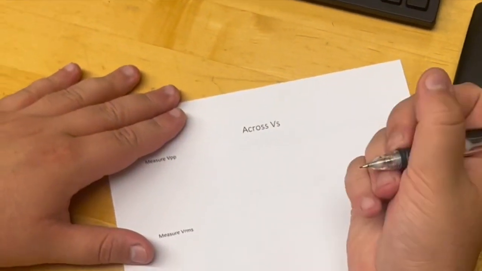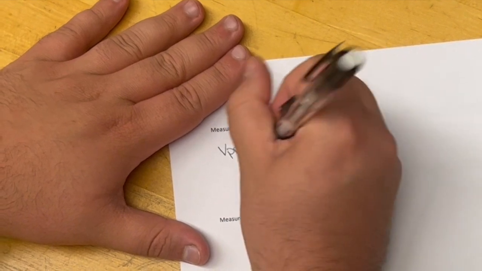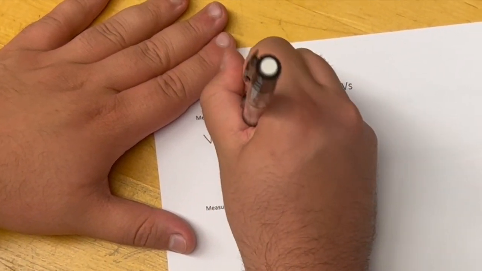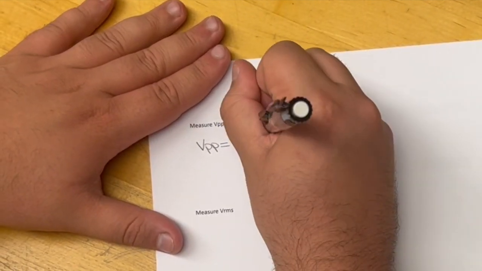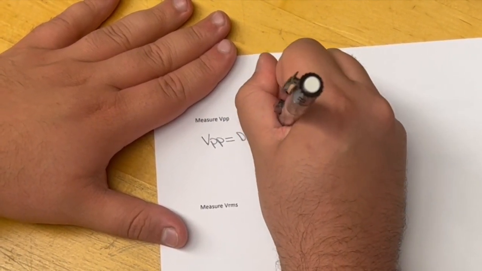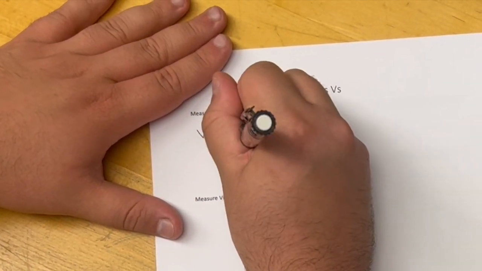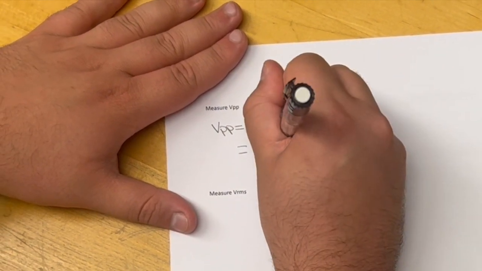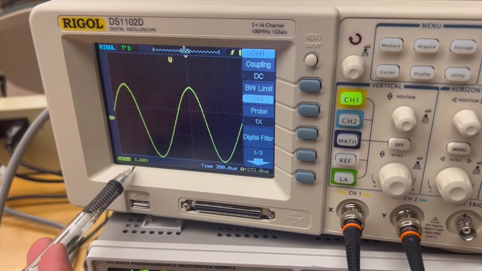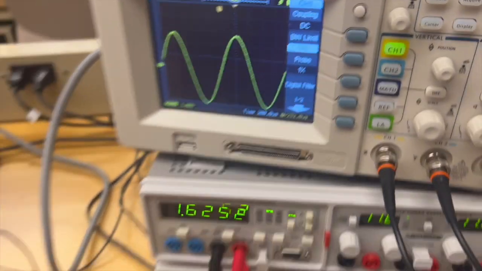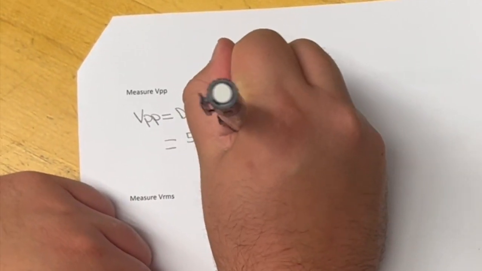Remember that number. Our equation for VPP is VPP equals divots, which is what we just counted, times our volts over 1 divot. We're going to write that as 5.8 times, and we're going to look at this voltage right here, so it's 1 volt over 1 divot.